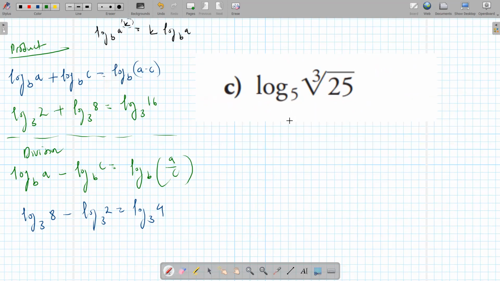If I want to write this as an exponent, what does it become? I want to write this as an exponent here, 25 to the power of. Any ideas?